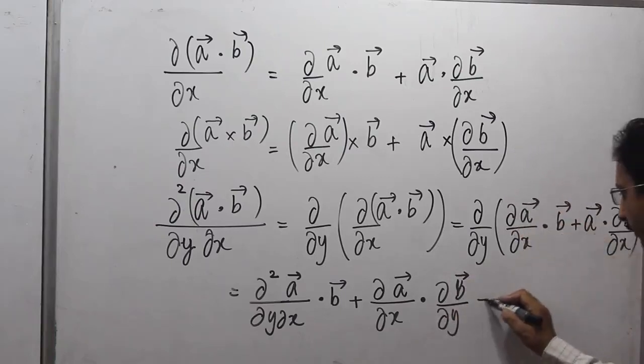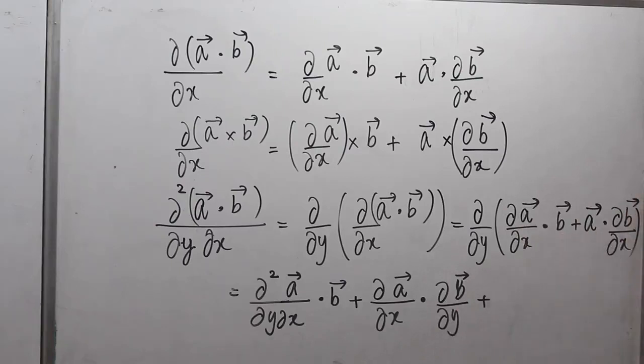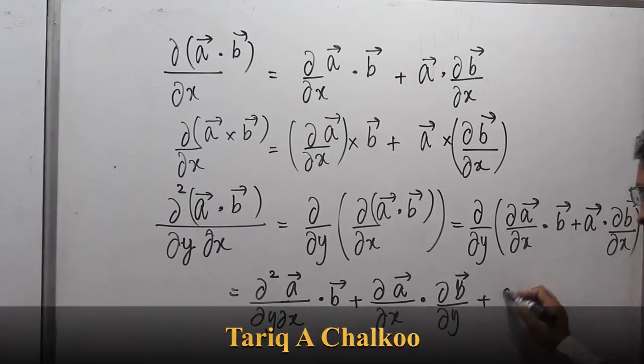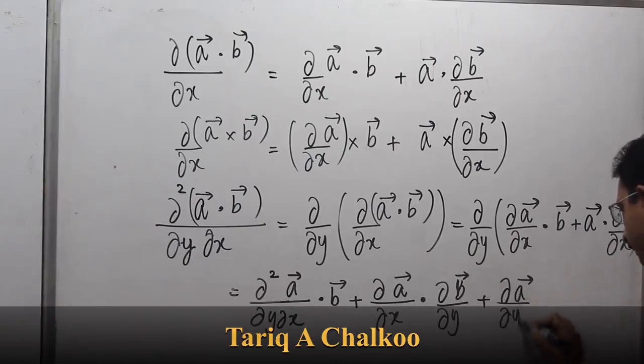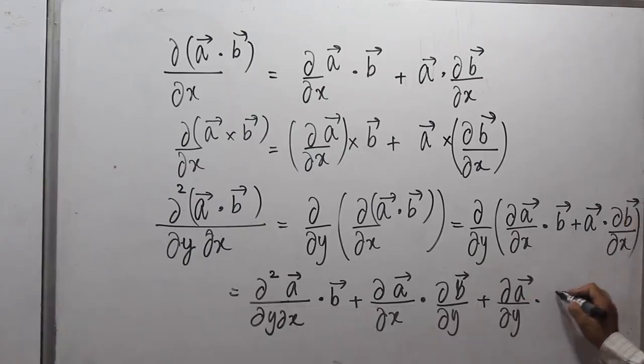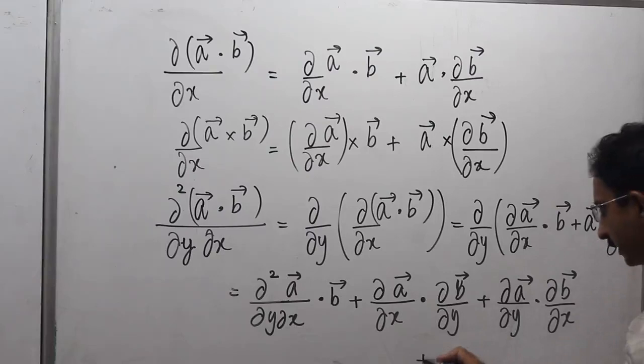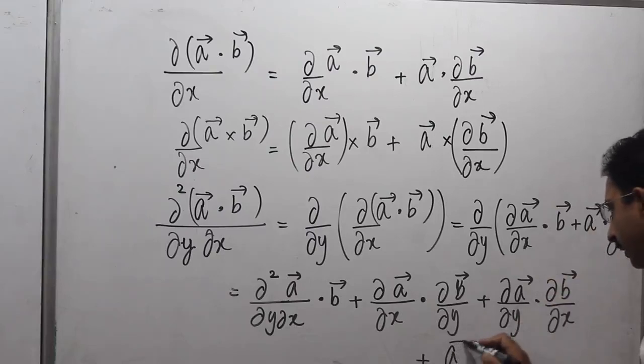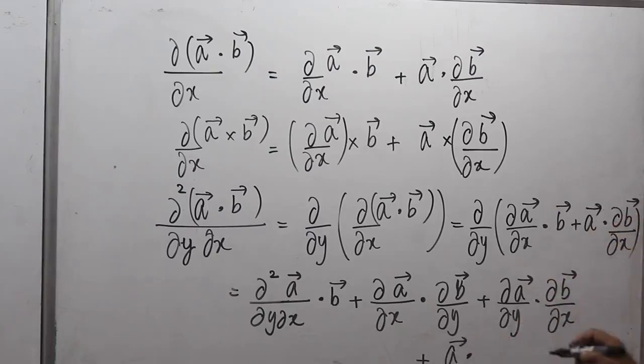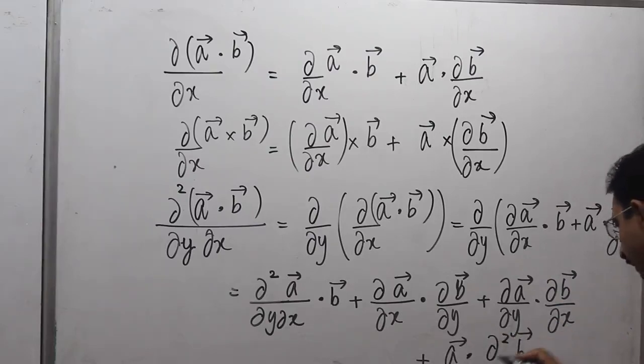Next we have the differentiation of this term now. So this will again be the derivative with respect to y of first into second. This is second. So derivative of first into second plus now this will be a dot, and this will now become a double differentiation, so this will be d2b over dou y dou x.